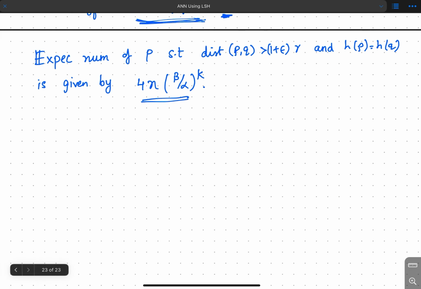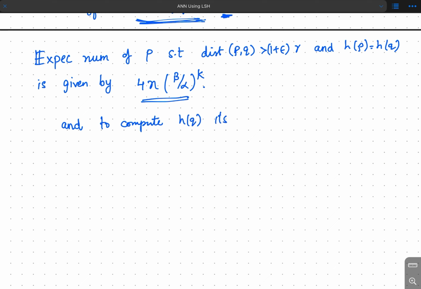And to compute h of Q itself, we need tau k time, because the matrix itself is of dimensions tau times k.